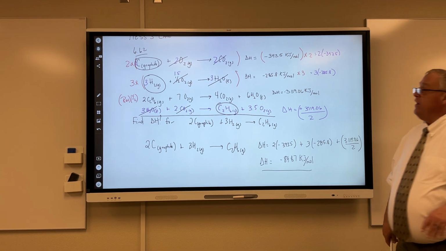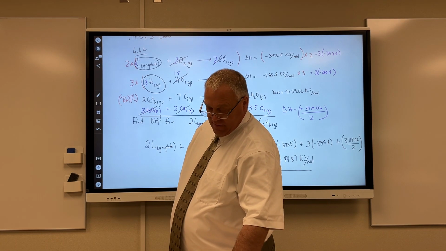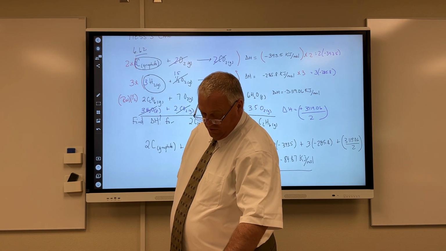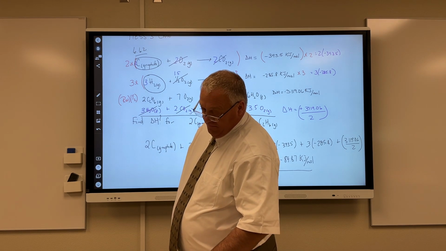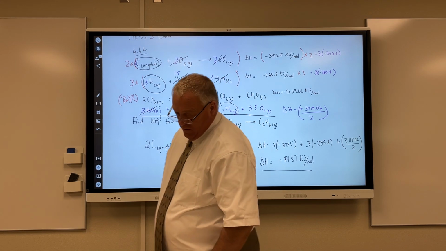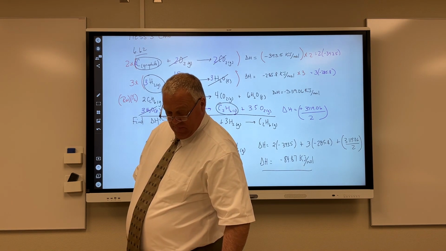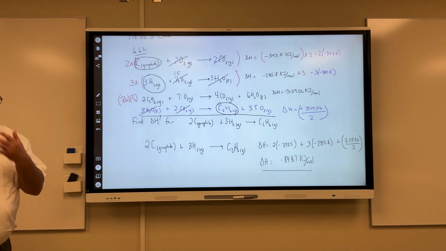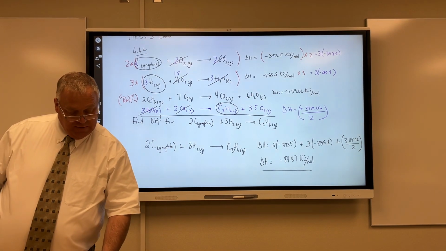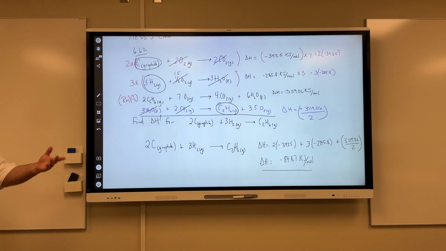If you're looking for problems similar to this in the book, it would be problems 61 through 64, 74, 84, and 101. Those will be Hess's law.